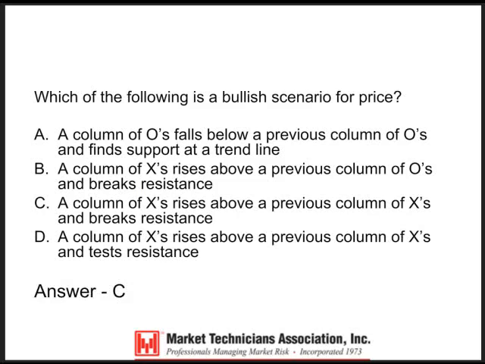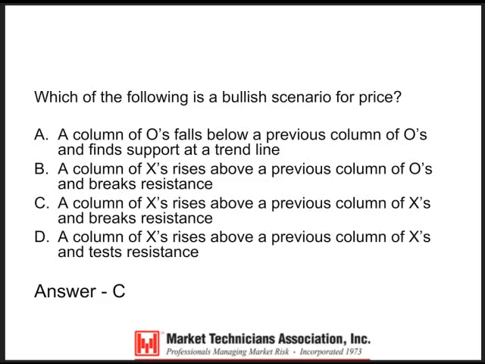Okay, which of the following is a bullish scenario for price? Well, bullish, we're talking about things that rise, so the first one doesn't work. So you're left with B, C, and D, and then you just have to look at what's going on in the rest of the sentence. Column of X's rises above a previous column of O's.